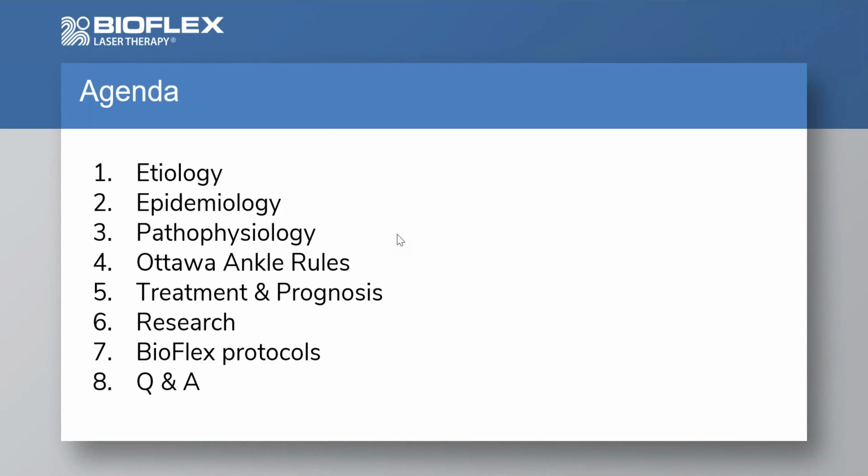I'll talk a bit about treatment, not just laser treatment, but other types of treatment for ankle sprains, the prognosis, and then specifically a couple of research papers, as well as the BioFlex protocols that would be applicable for treating ankle sprains, and we'll have time for Q&A.